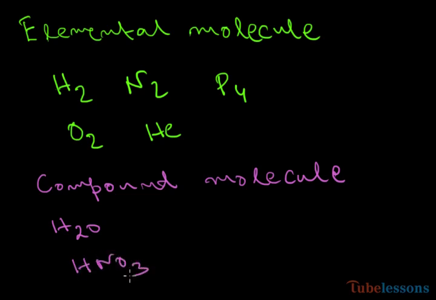It is also a compound molecule. It contains 1 atom of hydrogen, 1 atom of nitrogen and 3 atoms of oxygen. Similarly, acetic acid, that is CH3COOH, it contains 3 elements, carbon, hydrogen and oxygen.